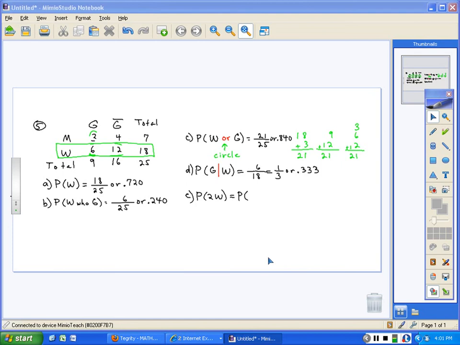But this one we're going to rewrite as we want a woman the first time and we want a woman the second time. So you got to put the and in there. And you use and if you want 2 of something or 3 of something or something like that.